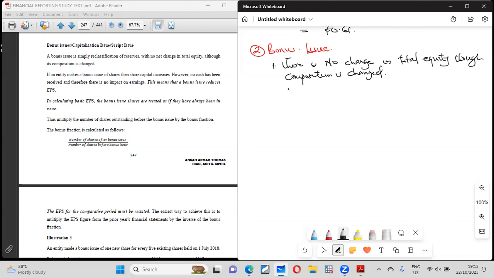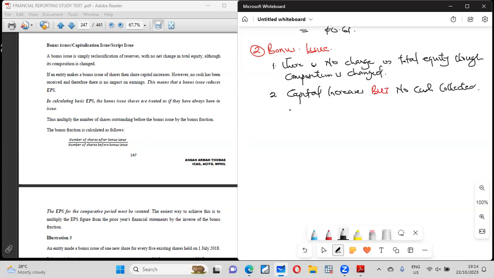The capital increases because there has been an issue of shares. Capital will increase, but no cash is collected. It was given to them free of charge. No cash is collected.